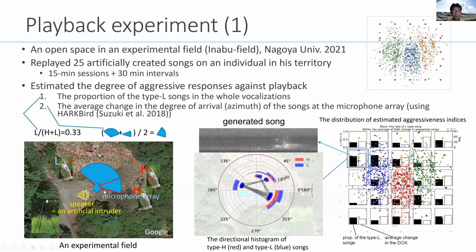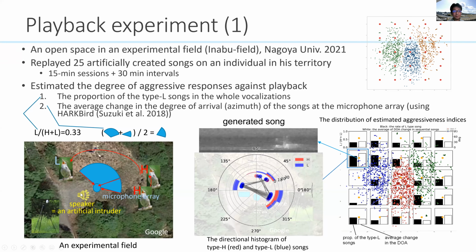For each trial, we estimated the degree of aggressive response against the playback. We focused on two indices. One is the proportion of type L songs among the vocalizations, in this case 0.33. The other is the average change in the degree of arrival of the songs at the microphone array, which is located close to the speaker.